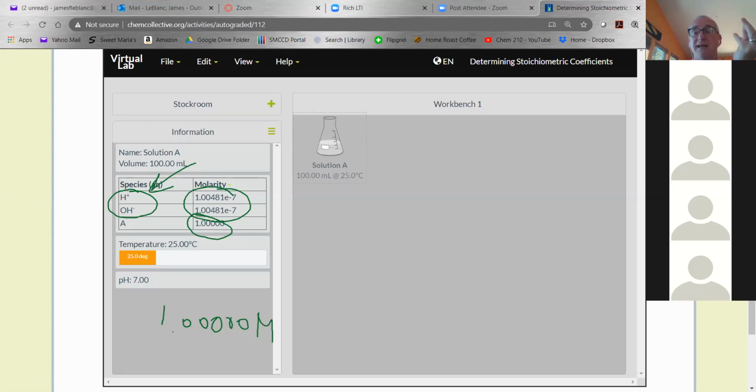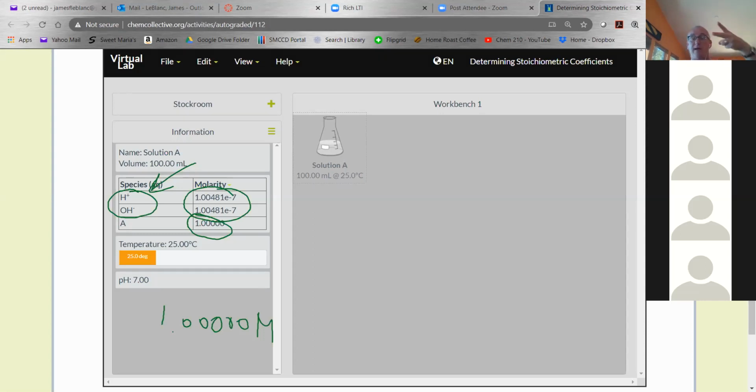So solution A is in what? Because we don't actually know what it's in, right? It didn't tell us. It's a solution. So a solution means it's dissolved in something. But I know if it's H positive, that means base, and if OH negative, it means acid.